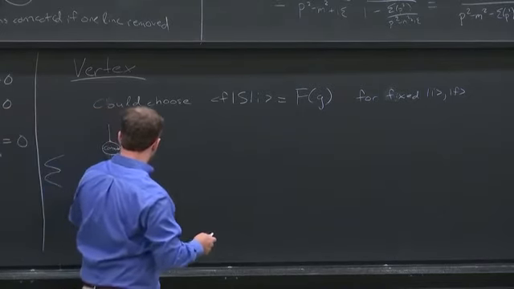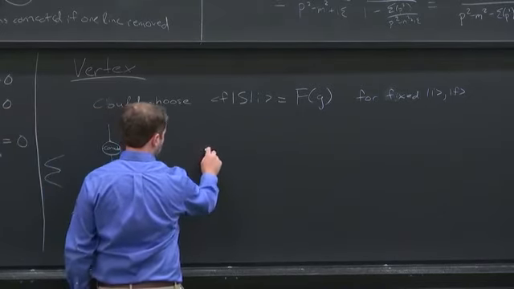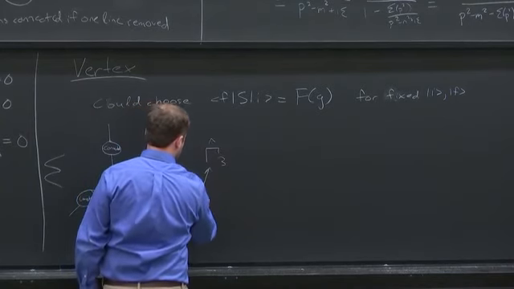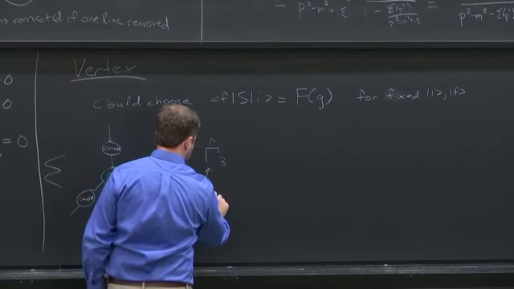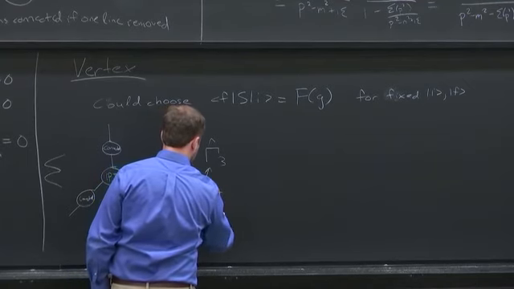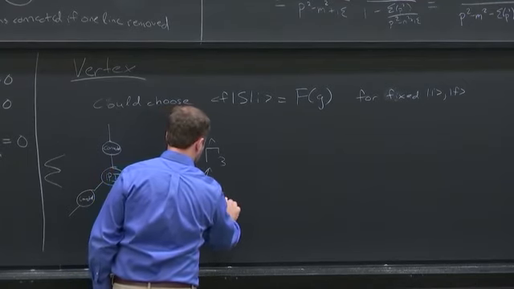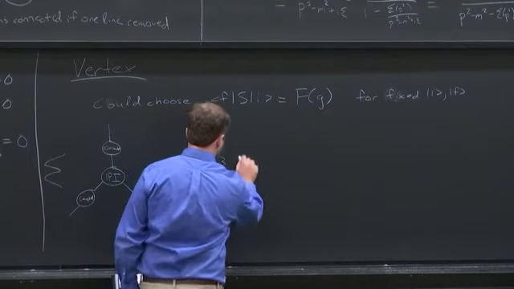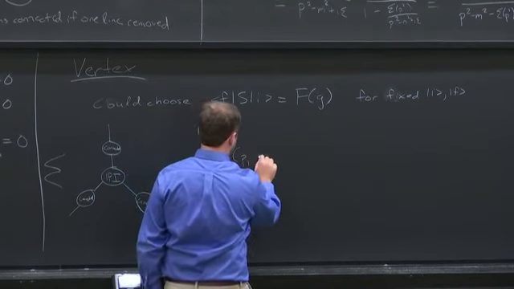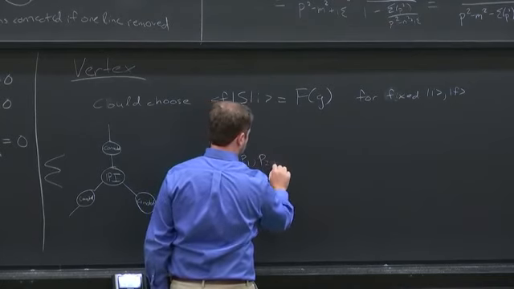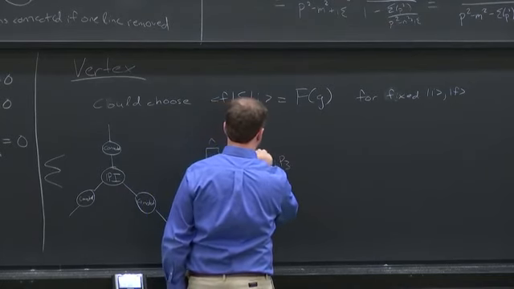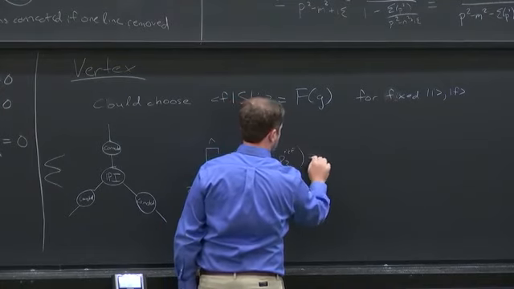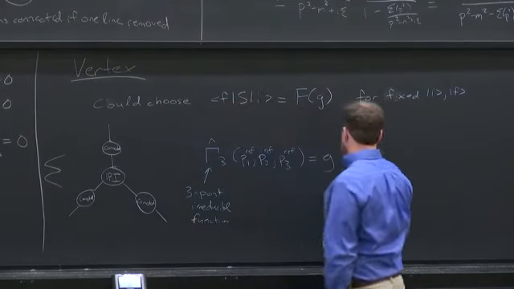So in practice, what we do is we impose a condition on the 3-point irreducible function. We'll demand that the function evaluated at some reference momenta is equal to g.